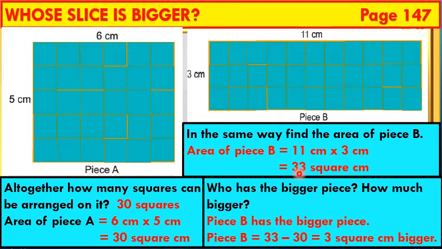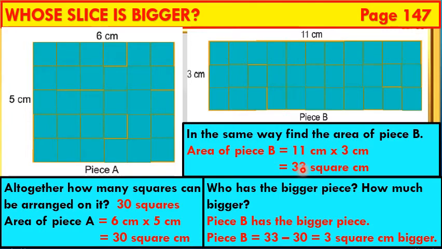Now children, easily we can tell who has the bigger piece and how much bigger. In piece A, 30 green squares were arranged. That is, area of piece A is 30 square centimeters. In piece B, 33 green squares were arranged. That is, area of piece B is 33 square centimeters.